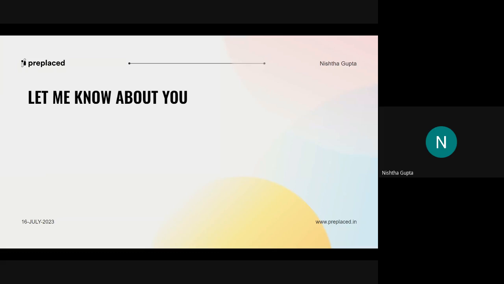Next is, what is your preparation status? Are you someone who has just started out? Are you a beginner having basic knowledge about a few tools and technologies being used in data science, or are you someone who is advanced, with a hold on most of the skills?